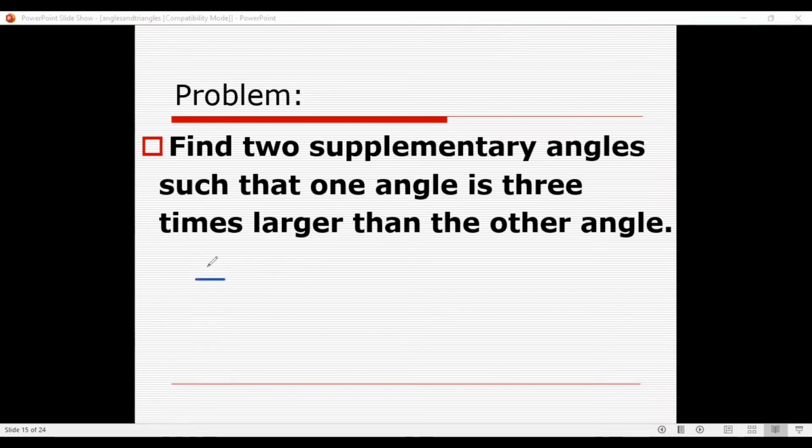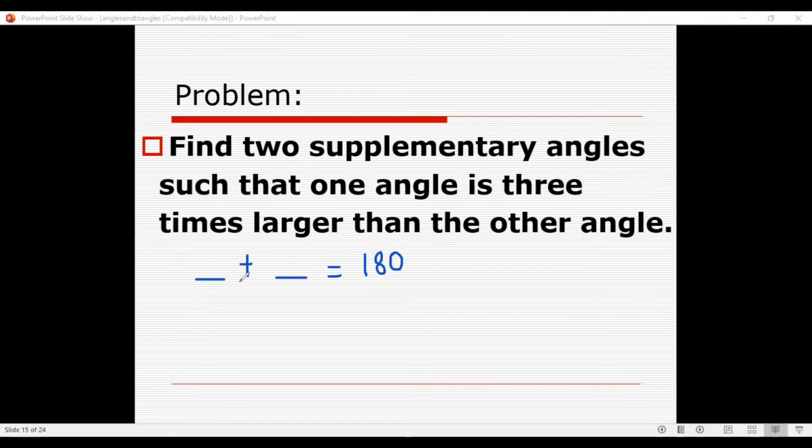This is the first angle and then another angle. Since they are supplementary, we will be equating them to 180. But we do not know those angles. We just have this condition that one angle is 3 times the other angle.